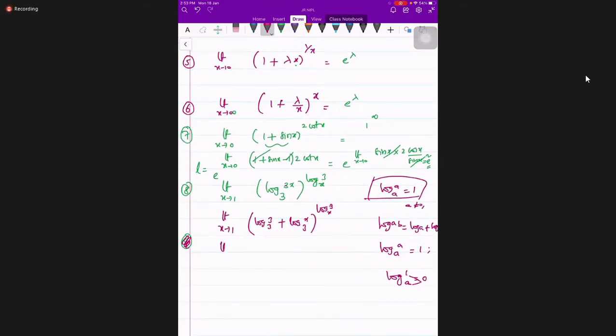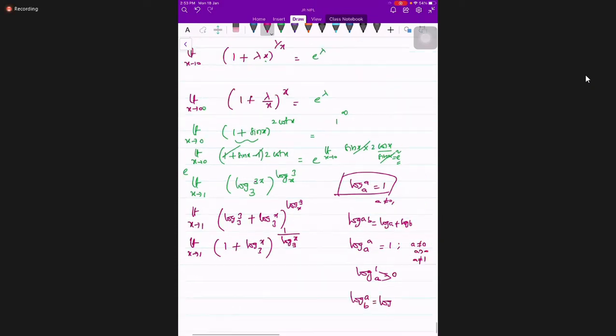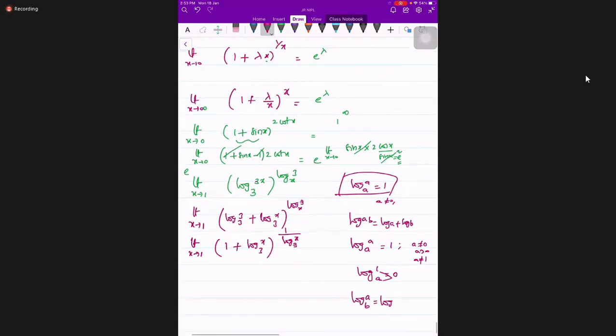So that's what I am applying now. So limit x tends to 1. It is now in the form of 1 plus log x to the base 3 divided by 1 by log x to the base 3. Right now, again, I'm changing this: log a to the base b is nothing but 1 by log b to the base a. These are all logarithm formulas only, students. Please note down.